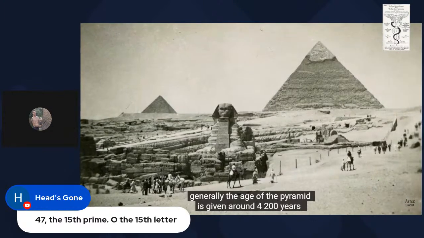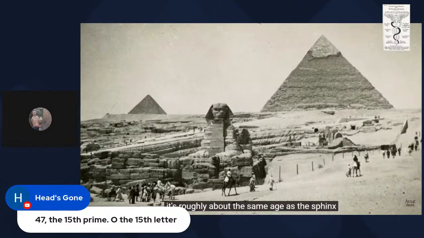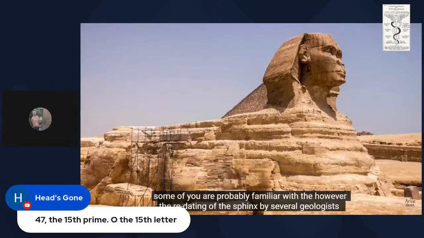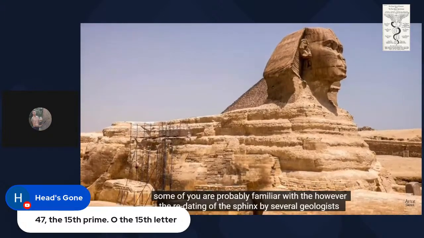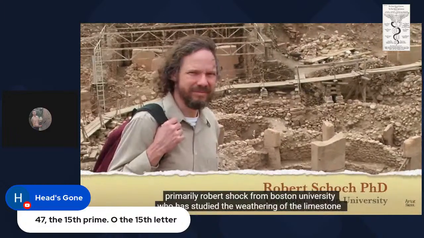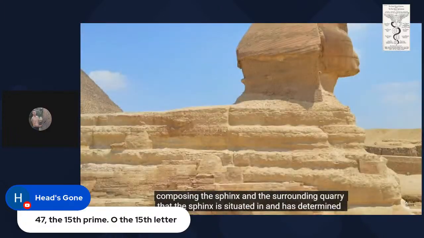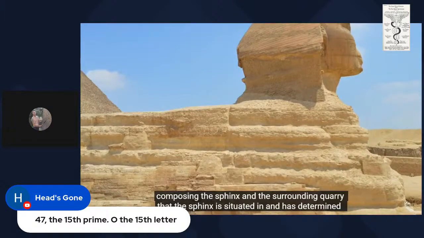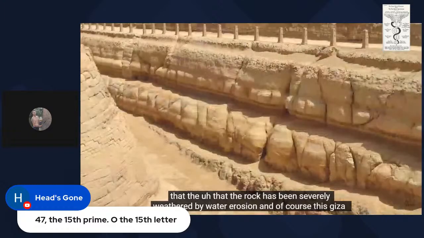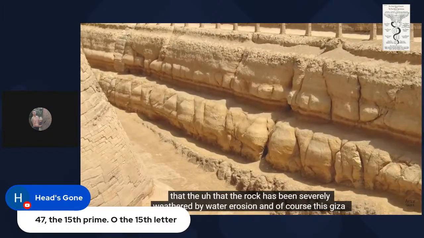Generally, the age of the pyramid is given around 4,200 years, roughly about the same age as the Sphinx. Some of you are probably familiar with the redating of the Sphinx by several geologists, primarily Robert Schoch from Boston University, who has studied the weathering of the limestone composing the Sphinx and the surrounding quarry that the Sphinx is situated in, and has determined that the rock has been severely weathered by water erosion.